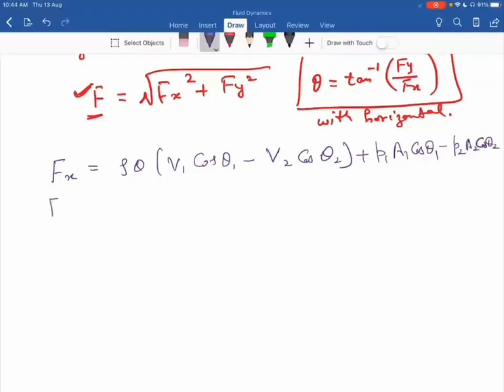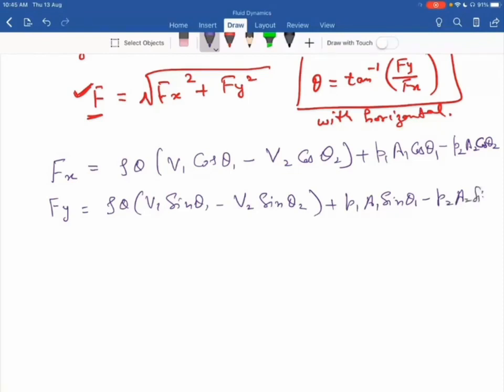Similarly, you can write Fy rho Q V1 sin theta 1 minus V2 sin theta 2 के साथ आएगी ये टर्म, plus P1 A1 sin theta 1. Now again you can see P2 A2 sin theta 2 acts in the downward direction. The component जो है वो downward direction में है. You can see in this diagram.